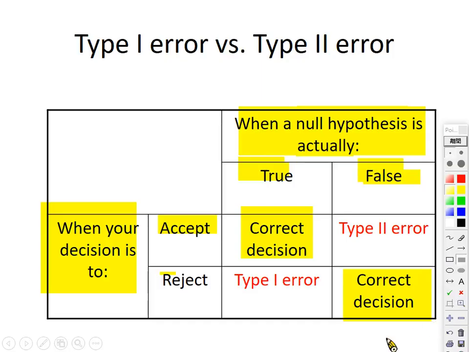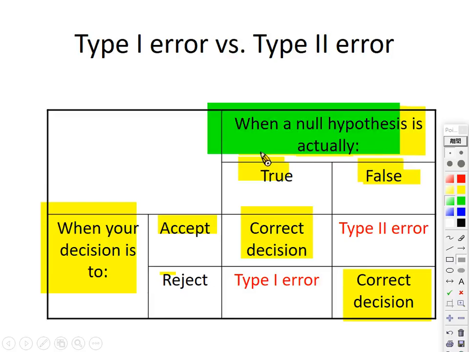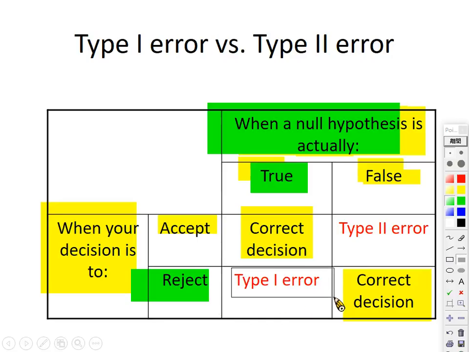Type 1 error indicates that if a null hypothesis is actually true, however you falsely reject it, then you commit type 1 error.